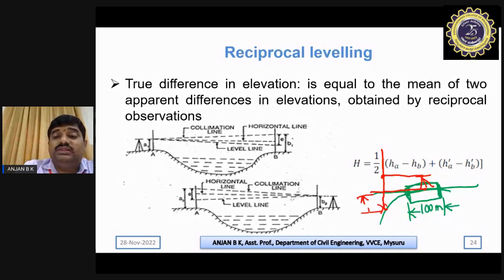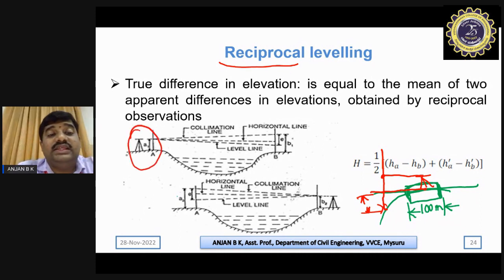So this is a total error which is not true. We need to consider the curvature in order to get the true elevation. Therefore we will do reciprocal leveling. We'll set up the instrument near station A and observe two readings. Again we'll set up the instrument at B and take the two readings.